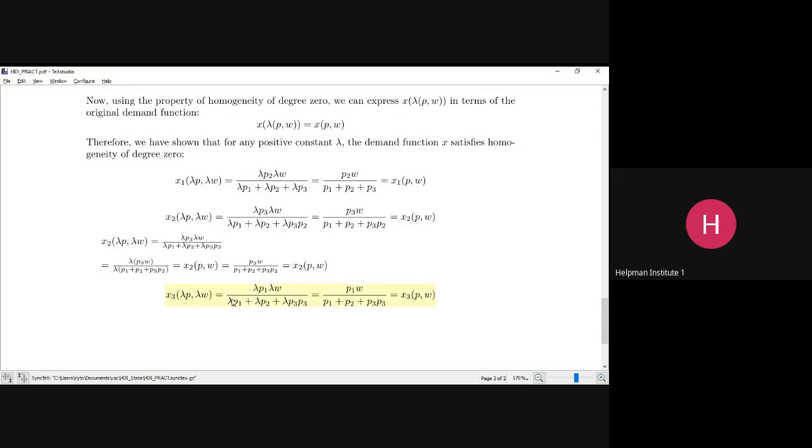That's the exact solution I have here. You substitute lambda into it, then the lambdas cancel out, then you have your x3 back, all right? So that is that.